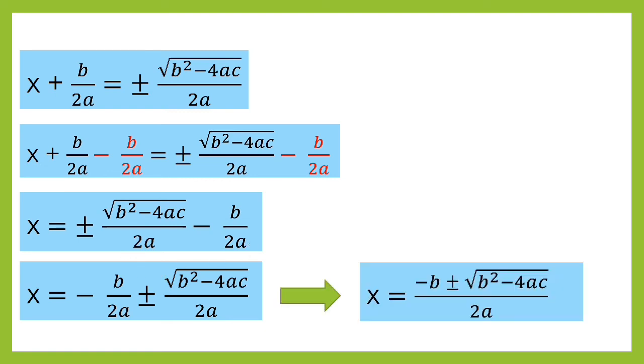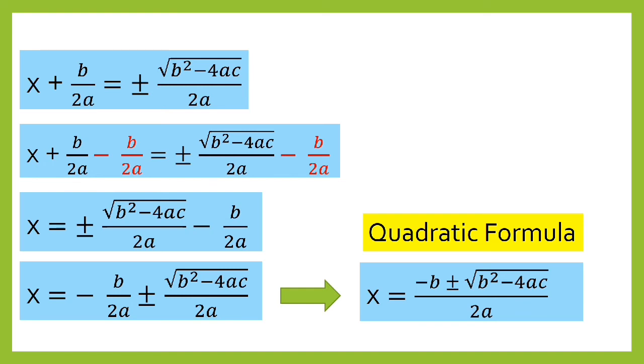We now have x equals negative b plus minus square root of b squared minus 4ac all over 2a. Yung 2a ay common denominator ng ating fractions. This is now the quadratic formula, and that's how we derive the equation of the quadratic formula.